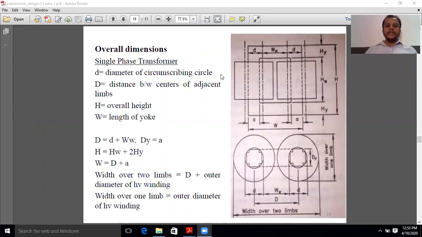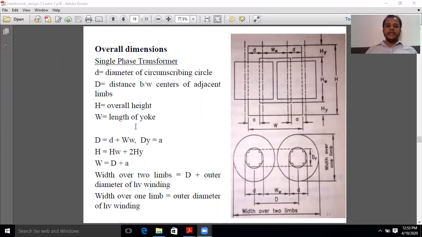If you see the single phase transformer, small d is the diameter of the circumscribing circle, what we have seen. Capital D is the distance between the centers of adjacent limbs, and here H is the overall height and W is the length of the yoke.